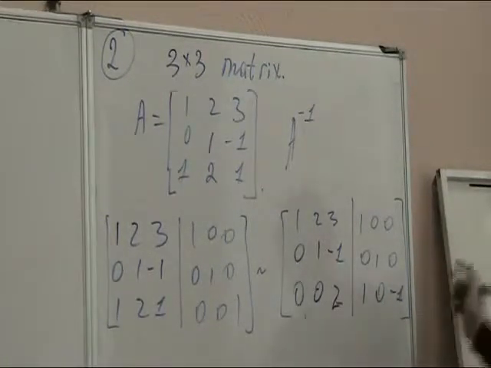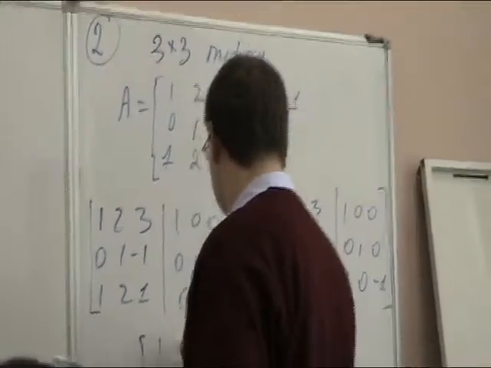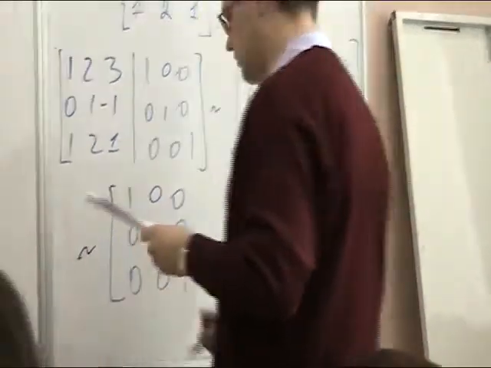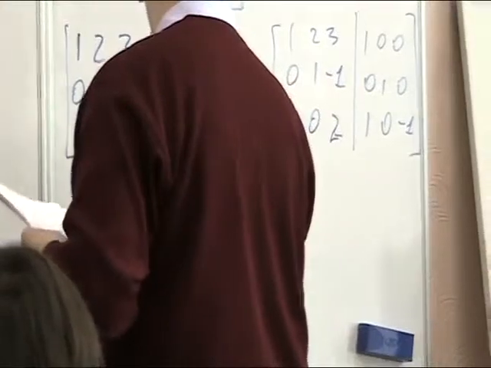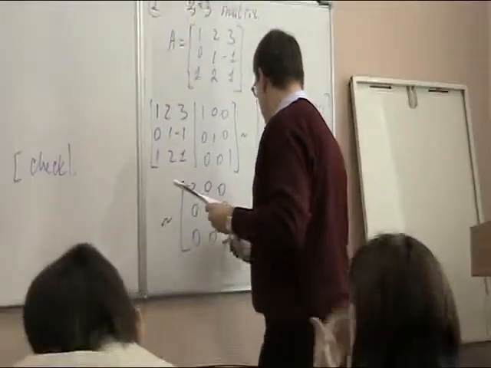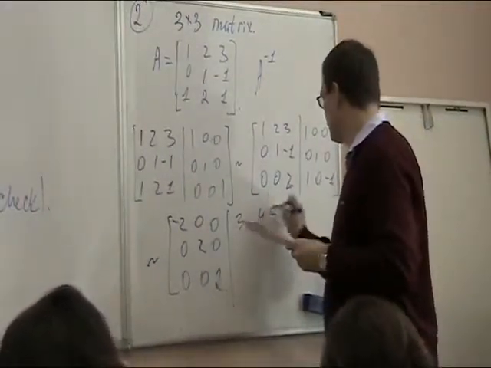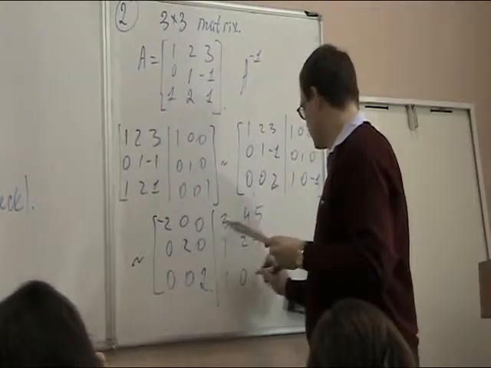So ultimately it's going to be something like 1, 0, 0, 0, 1, 0, 0, 0, 1. So let's change to negative 2, 2, and 2. And here we are going to have 3, 4, 5, 1, 2, minus 1, 1, 0, minus 1.